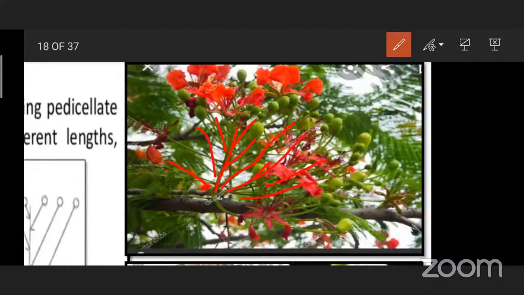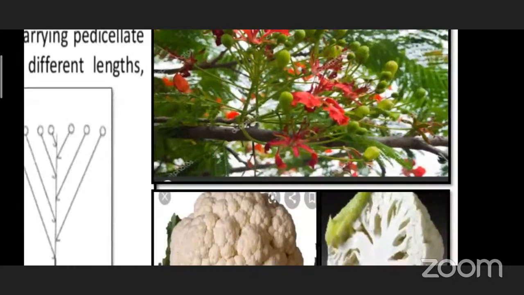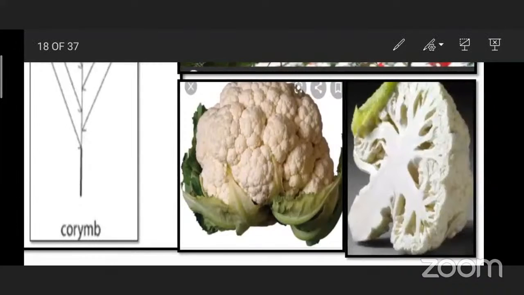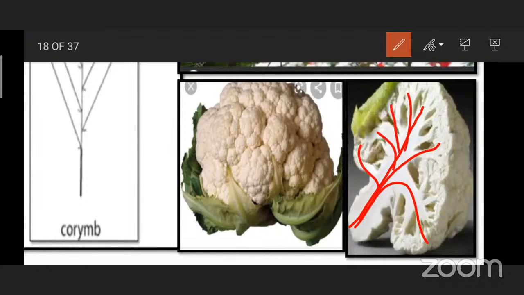Another example, cauliflower. See here, this is a well known example, cauliflower. See here, this is the main axis. These are carrying the pedicellate flowers. Pedicels of different lengths.